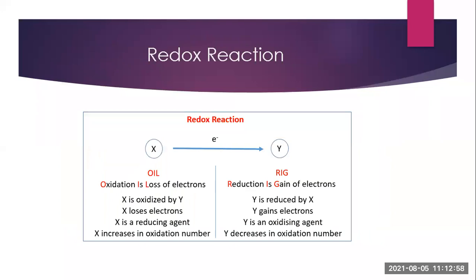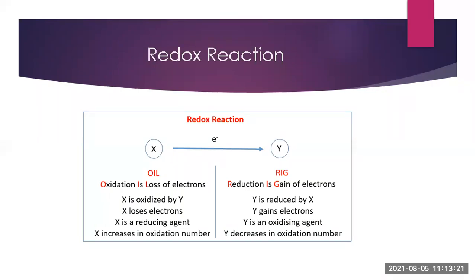Wherever both these reactions happen in the same chemical reaction, we call it a redox reaction. Now oxidation is loss of electrons.